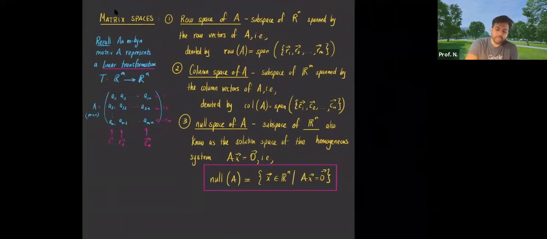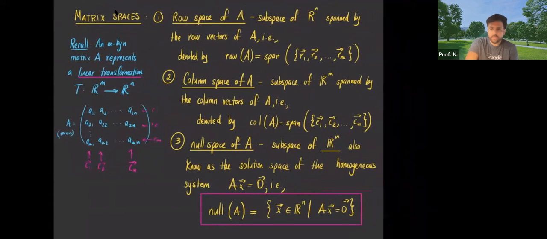So these are very important matrix spaces, which we have seen already, but now we're formally writing them down and defining them. For every matrix A, we have a row space, a column space, and a null space.